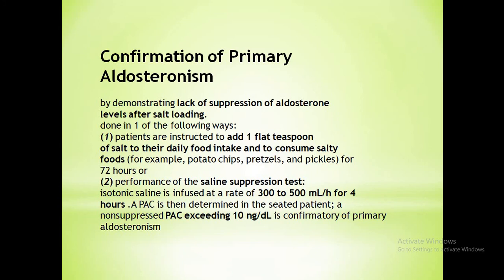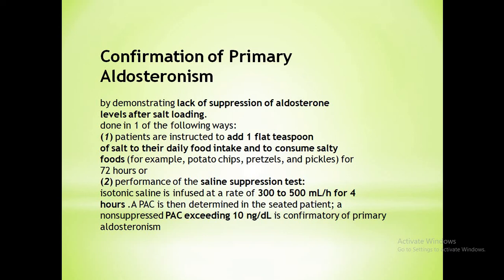Here you give isotonic saline at the rate of 300 to 500 ml per hour for 4 hours. Then you sit the patient and the PAC is determined. A PAC exceeding 10 is confirmation of primary aldosteronism in either of these cases.